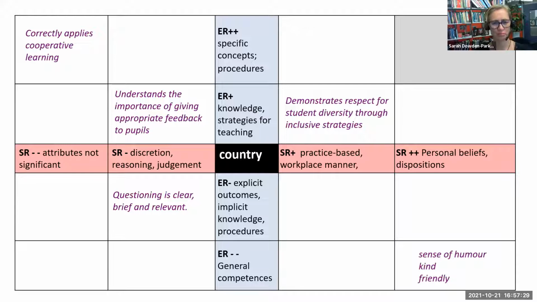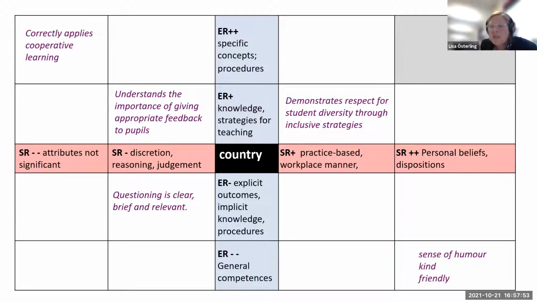I'm not sure. I'm just trying to make sense of your coding. ER minus, that's where I would have put it below, but that's probably because I don't understand the ER minus much. Yes, and through inclusive strategies, we still thought that there is knowledge implied in inclusive strategies.